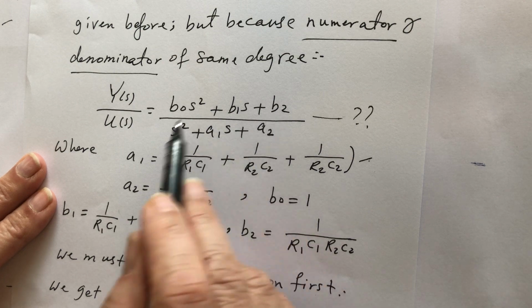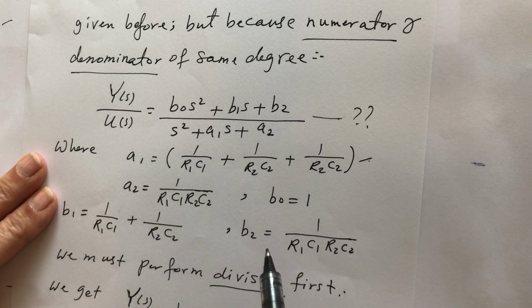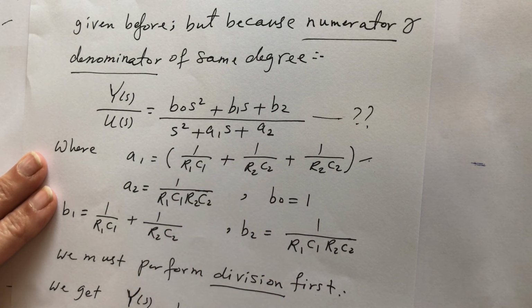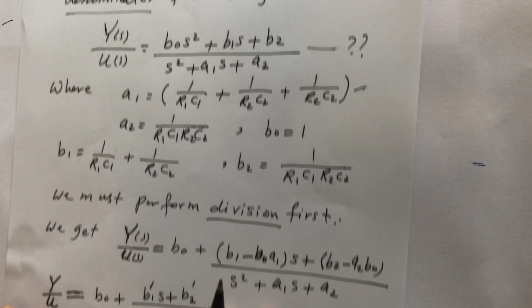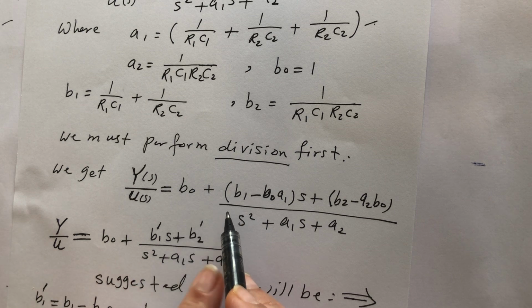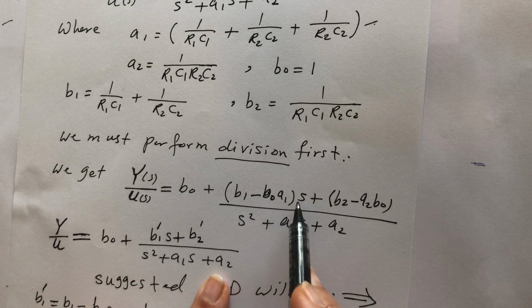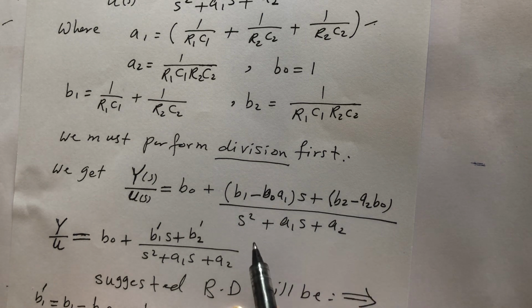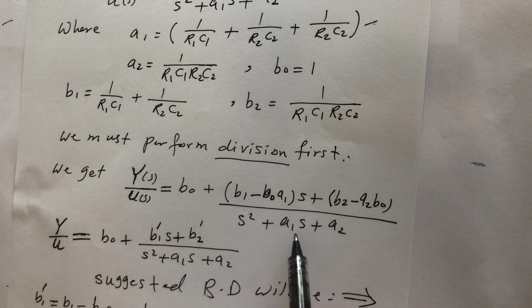If I have something like that, maybe you remember from the Laplace, which we started with at the beginning of the term, that if we have something like that, we have to divide this over this. Okay, so after we divide, I hope I'm correct by dividing, we get B0 plus B1 minus B0 A1 times S plus B2 minus A2 B0 over the denominator, which is the same.